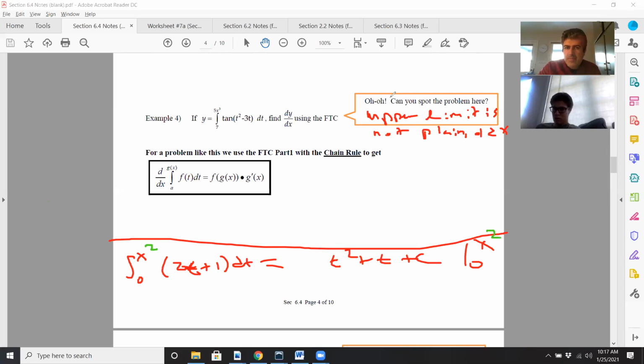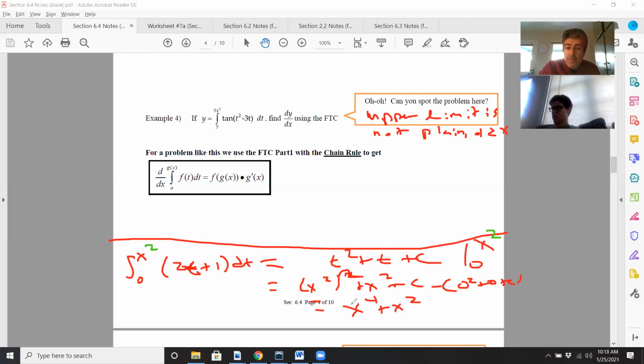What happens? Well, of course, I've got to plug in x squared for t. So it becomes x squared squared plus x squared plus c. And of course, minus, I plug in 0, 0 squared plus 0 plus c. The c's cancel. So I'm getting x to the 4th power plus x squared.